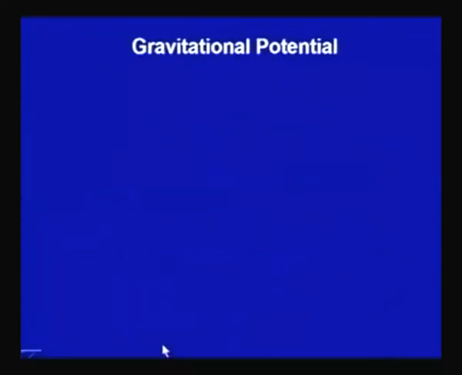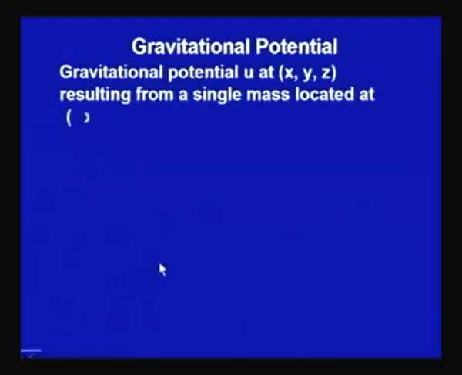Let us come to one application, that is gravitational potential. We learned in physics that the gravitational potential u at x, y, z resulting from a single mass located at the point x naught, y naught, z naught is given by u of x, y, z equals c by r, where c is a constant and r is the distance between the point where the mass is located and the point at which we are calculating the potential.